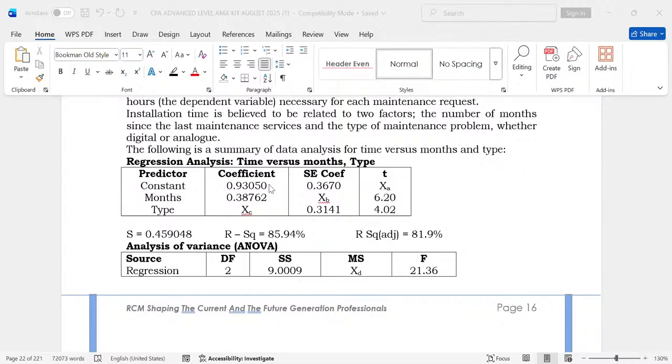Divide this by the standard error of the same coefficient, which is 0.3670. So I hope all of them are then able to get the same T ratio here, which is 2.5354, isn't it? That is XA.